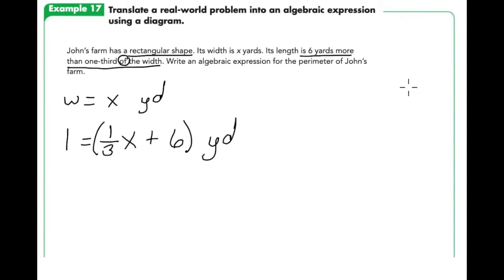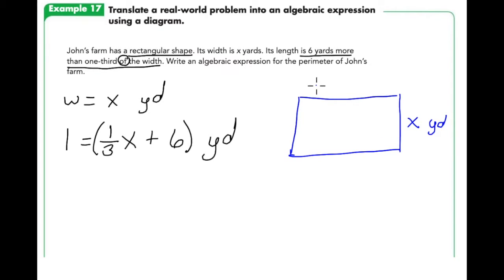So I'm going to draw a diagram of John's farm over here. So we have a rectangle with a width of x yards and a length of 1/3 x plus 6 yards.